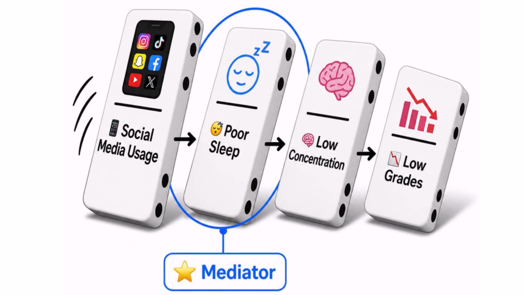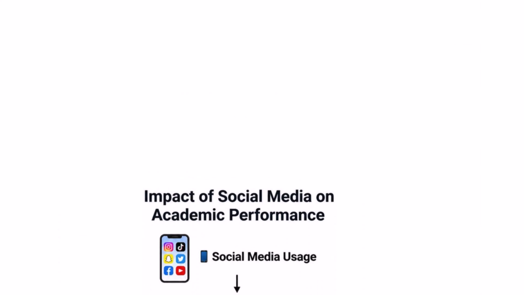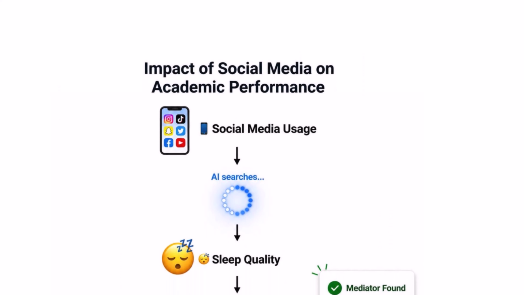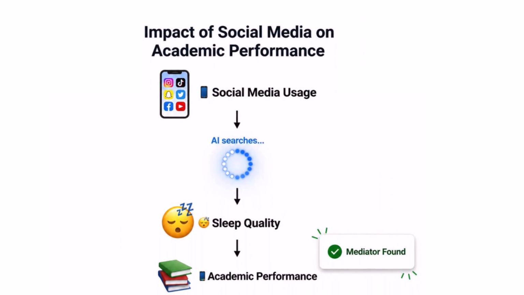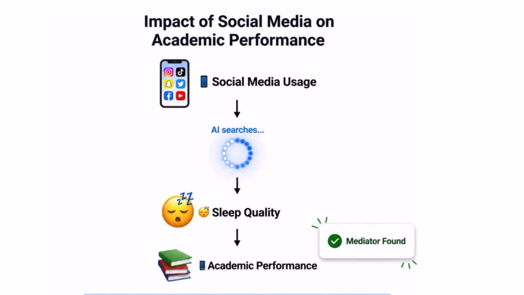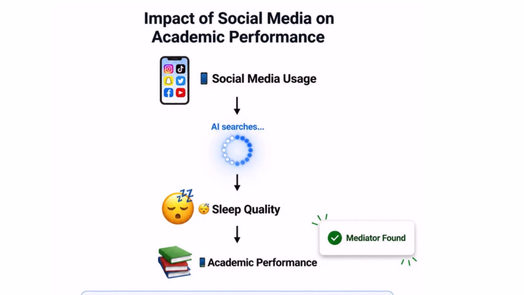Maybe excessive social media affects their sleep. Poor sleep reduces concentration. Lower concentration affects grades. So the real pathway becomes social media usage, then sleep quality, then academic performance. Here, sleep quality is the mediator.